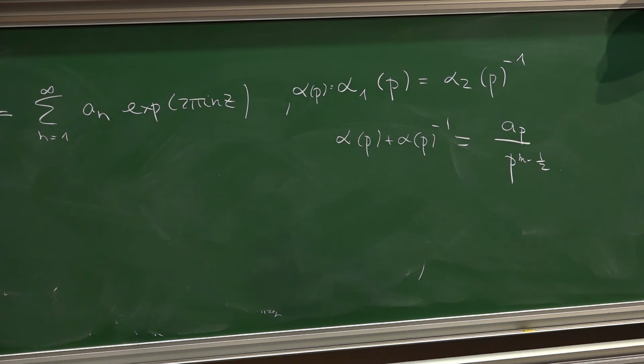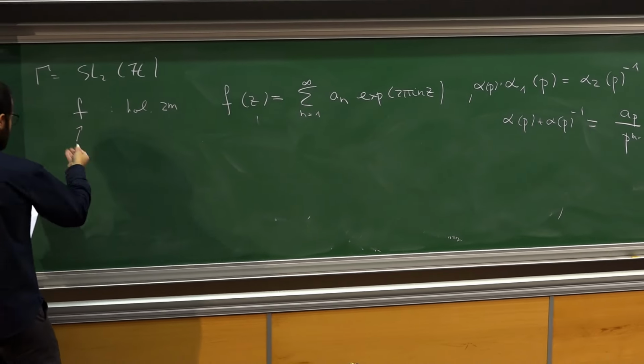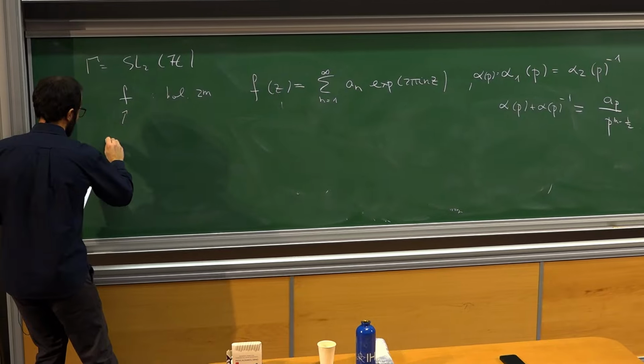So the statement is that if you take a holomorphic modular form which is in addition an eigenfunction of all the Hecke operators, so okay, I wanted to explain this, but I don't think I have time. So it should be a Hecke eigenform.